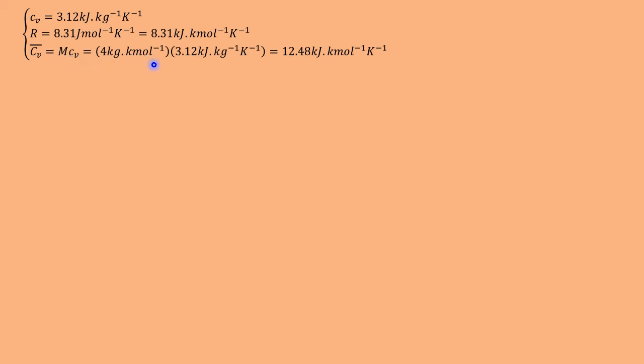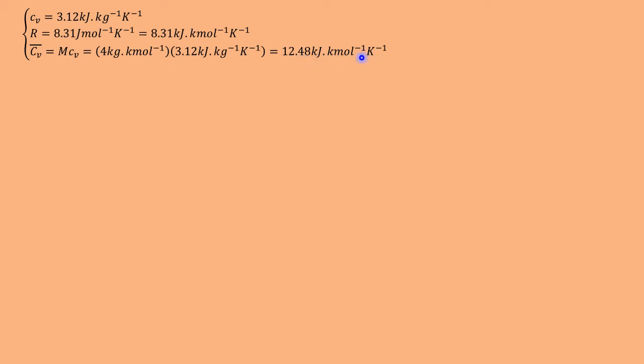So we had earlier seen that we could write the molar mass as 4 kilograms per kilomole, times the specific heat we had calculated in the first question of this section as 3.12 kilojoules per kilogram per Kelvin, which will now give us 12.48 kilojoules per kilomole per Kelvin.